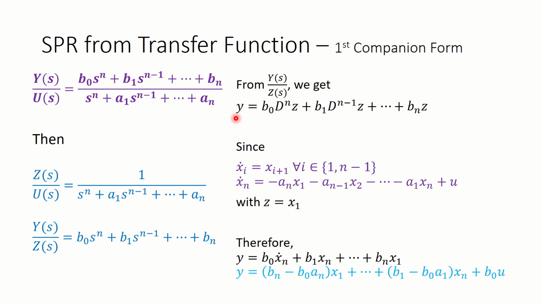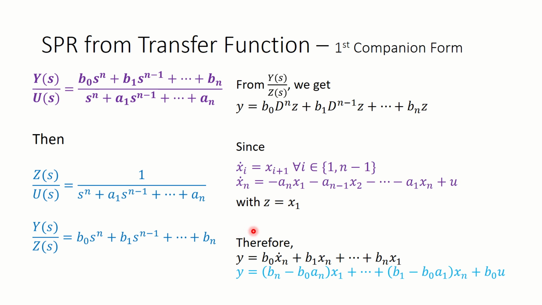We don't change the definition of the states, we keep the definition of the states as they were. So we have the same state equations. The state equations are not changing. z was x1.